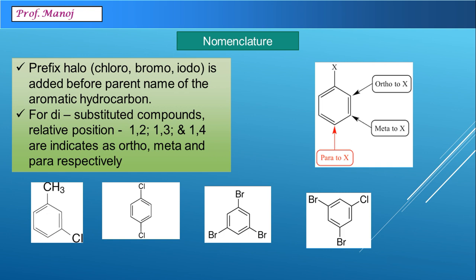So you can imagine the positions of bromine are first bromine, then comes third as chlorine, and fifth as bromine. So you can travel in the minimum direction so that the numbers in clockwise direction are 1, then 3 and 5.